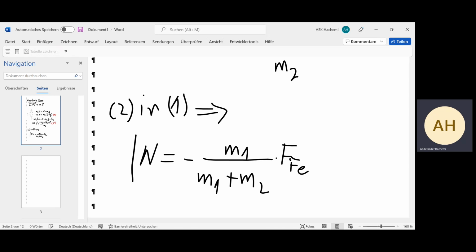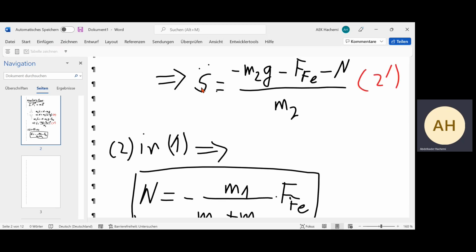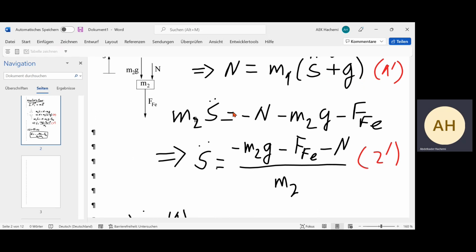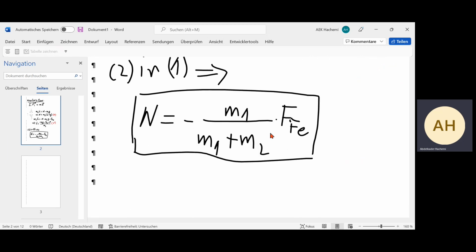And this is the equation for the contact force N, that we have only to replace S double dot by this, in this equation here, S double dot, and we get the expression for N. Okay.